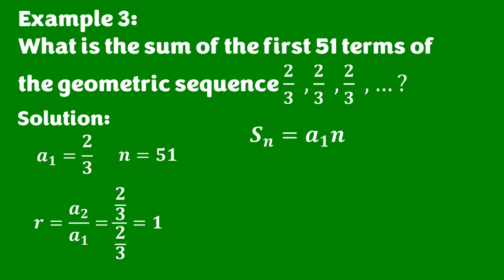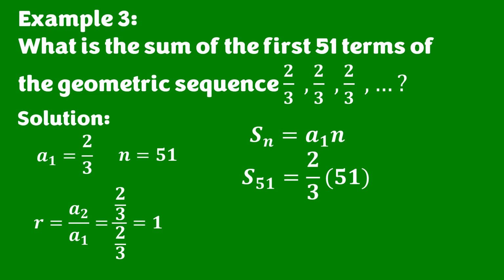And we're going to use the formula S sub n equals a sub 1 times n. We're going to substitute the value of n and a sub 1 in the formula. So the equation will become S sub 51 is equal to 2/3 times 51. So we're going to get the product of 2/3 and 51.